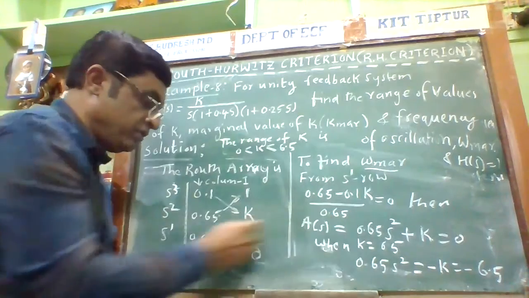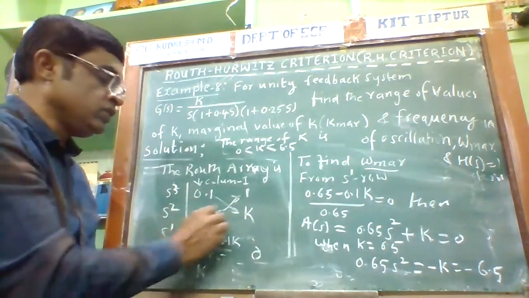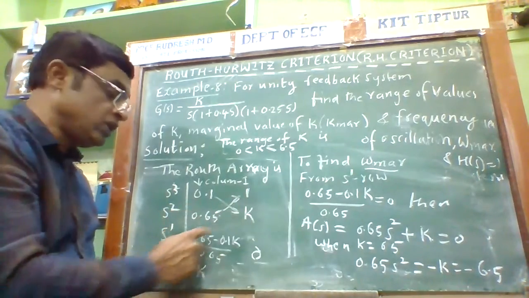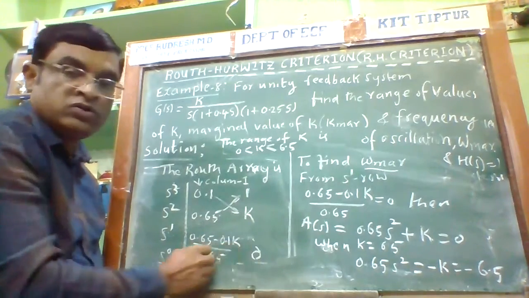The auxiliary equation can be constructed by utilizing the coefficients of the row just above the zero row.